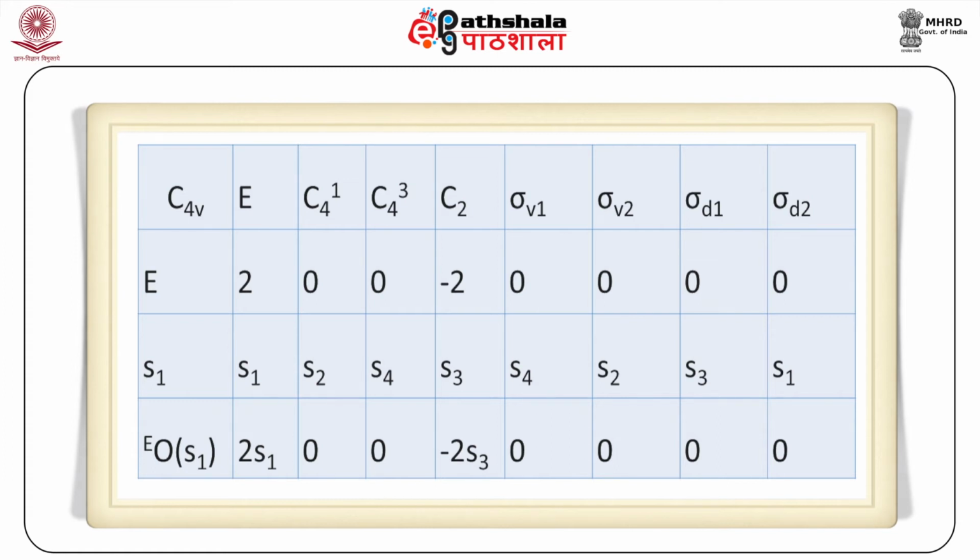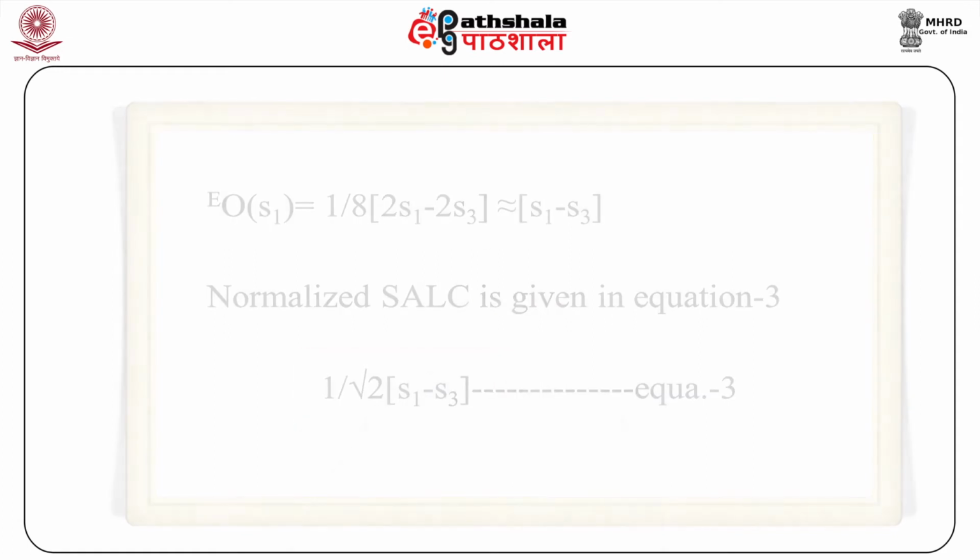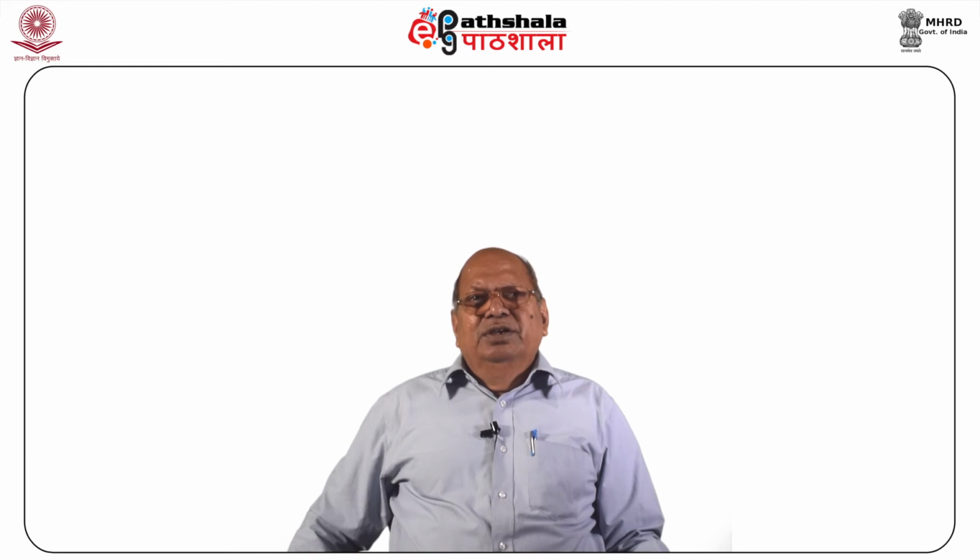After doing the calculations, the normalized SALC corresponding to symmetry E on S1 is 1 upon root 2 S1 minus S3, and the result is given in equation 3.